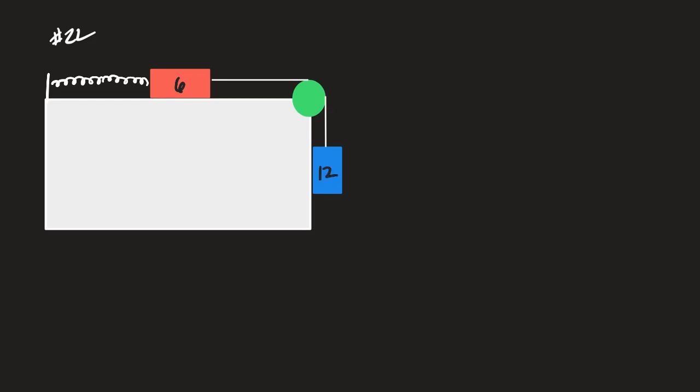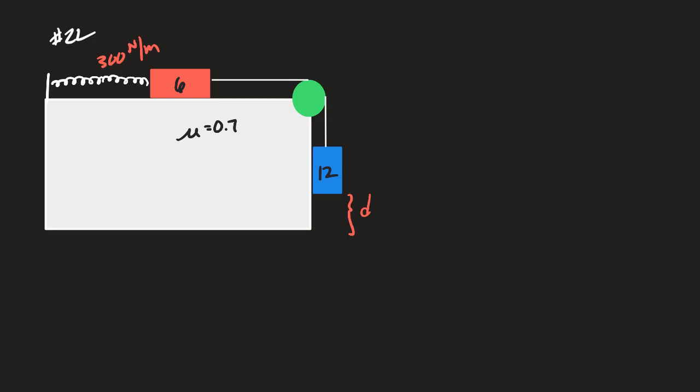And there's a coefficient of friction between the blocks and the table of 0.7. And the spring has a spring constant of 300 newtons per meter. They would like to know that once I release this, how far does it move until it comes to rest?